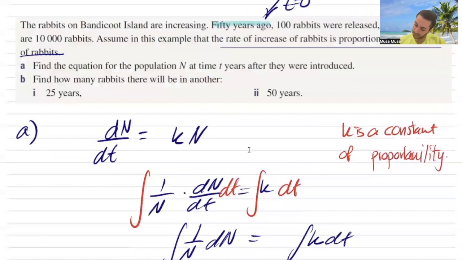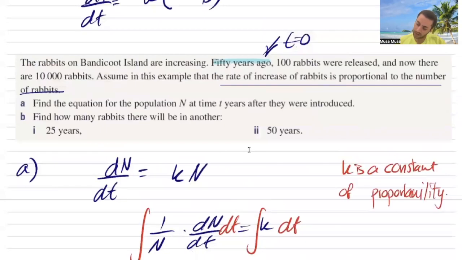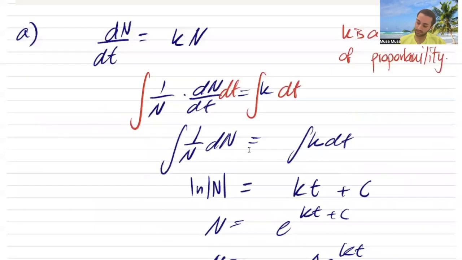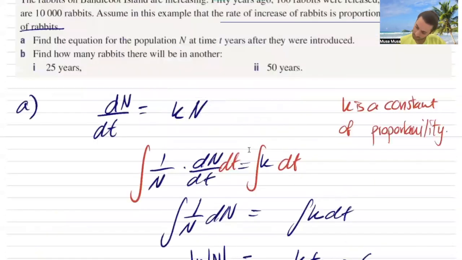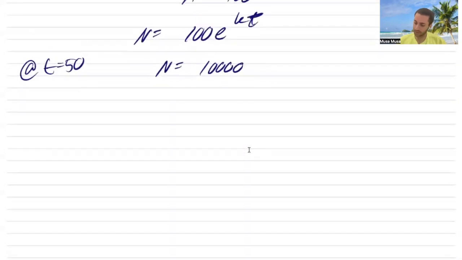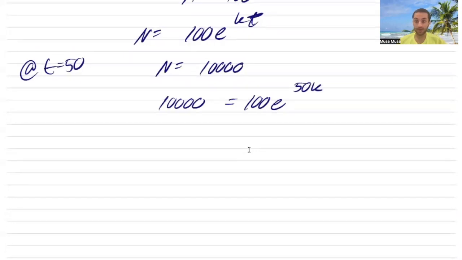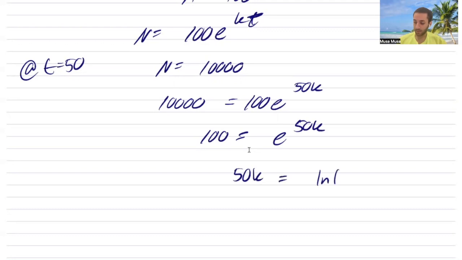And what have we been told later? And now there are 10,000 rabbits. So at t equals 50, 10,000 equals 100 e to the power of 50k. Divide both sides by 100. I think we get 100 here. And taking the log of both sides, dividing both sides by 50.